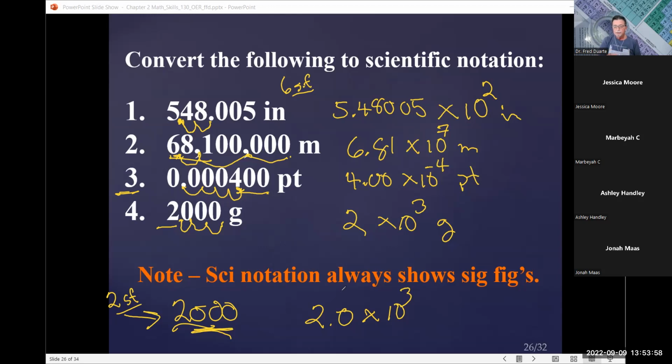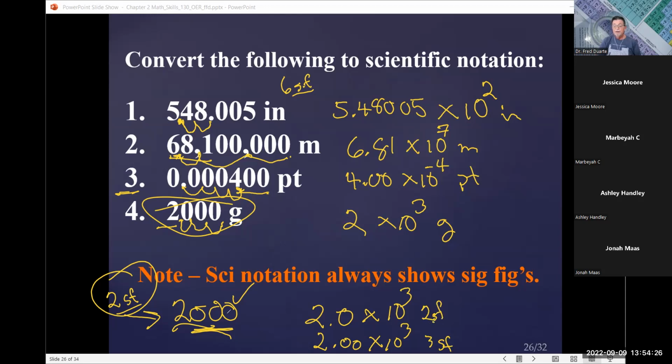And I have to write it with 2 sig figs because somewhere before, to get this number, I had 2 sig figs. Well, let's say it's 3 sig figs. Okay, no problem. Just simply add another 0. And you get 2.00 times 10 to the third, okay? That is the number 2000 written with 3 sig figs. 3 sig figs here, 2 sig figs here.